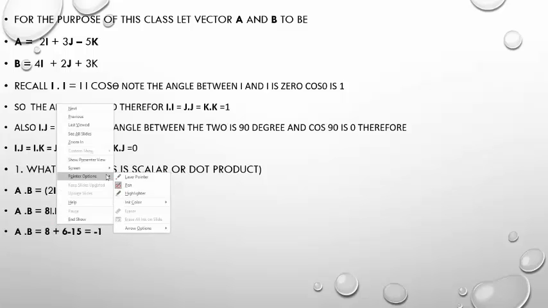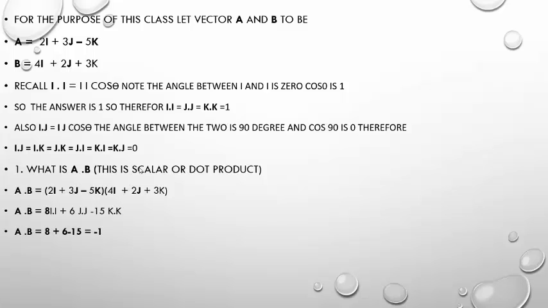A is 2i plus 3j minus 5k. It can be any type of vector. Let's assume that B is 4i plus 2j plus 3k.